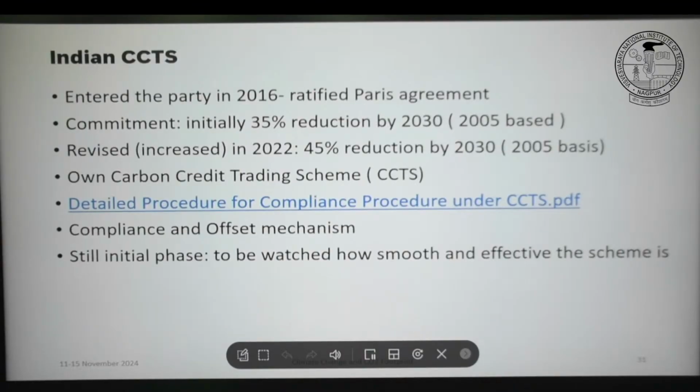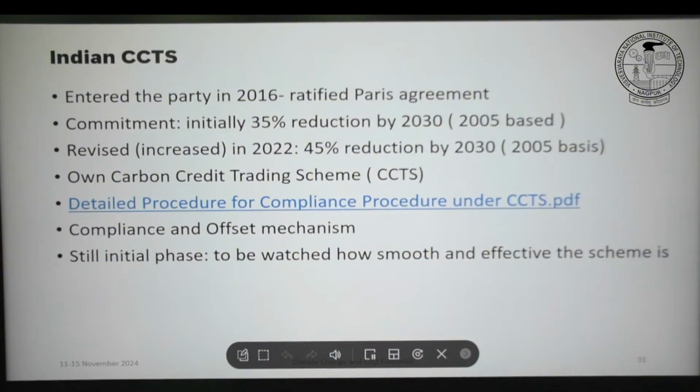So as on all other fronts like solar PV, hydrogen and other things, the Indians are also not far behind. We have our own trading mechanism. I think it's still not enforced or not in place, but that's the draft that I found. The Paris Agreement we entered in 2016.